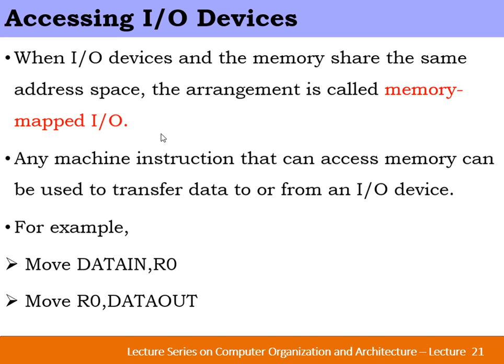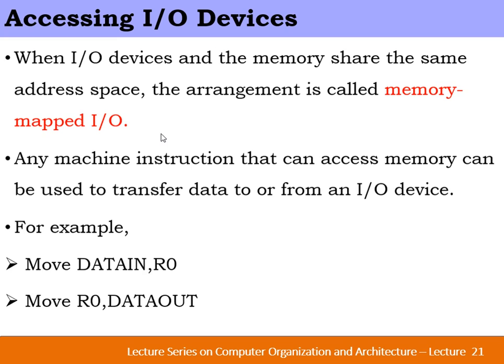For every memory location a unique address is allocated. A few of those addresses of the memory can be assigned as the addresses of the IO devices. In order to recognize the IO devices, a few of the memory location addresses can be shared. That is called memory mapped IO.